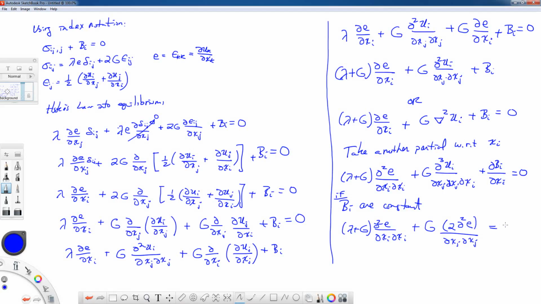And let me think if this 2 needs to be in there or not. That 2 will not be in there. Okay. And we can work with this a little bit more. We can write this as lambda plus 2g del squared, the trace of the strain tensor, is equal to 0.